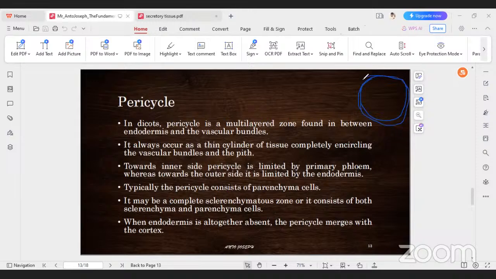This is pericycle. The center is medulla or pith. Now, what is present in between pericycle and pith? Xylem and phloem, sir. Right, xylem and phloem together are called vascular bundle, VB. Let me write the short name, vascular bundle.